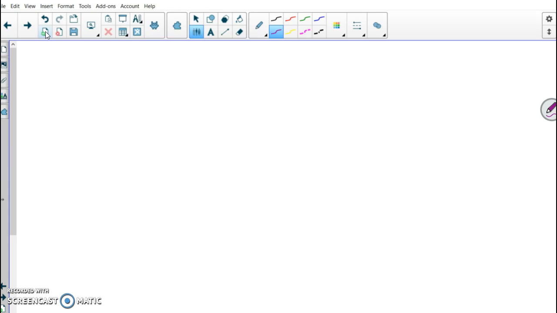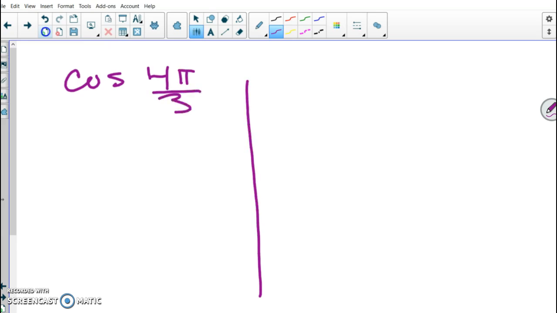Let's look at example 5. It says we want to find the cosine of 4 pi over 3. Well, we have, again, a non-acute angle. So we're going to find that reference angle for 4 pi over 3.